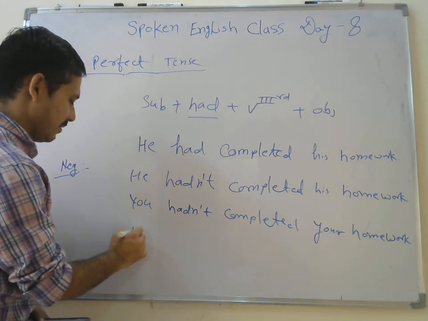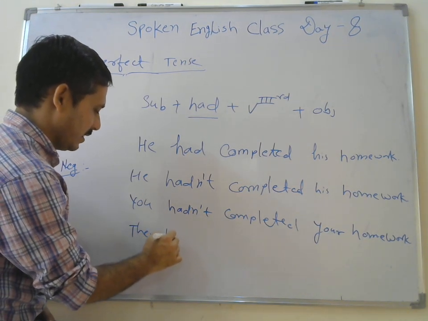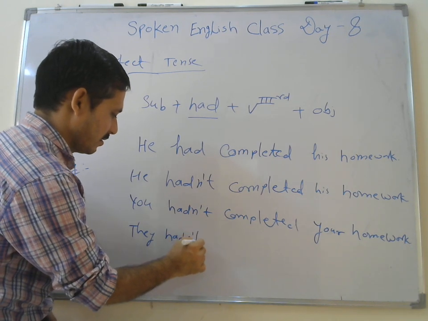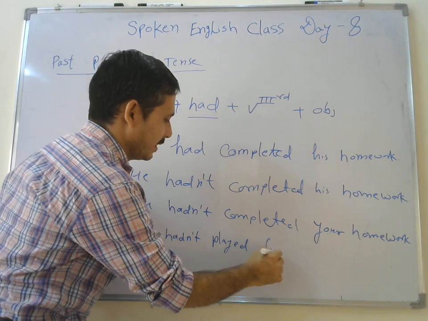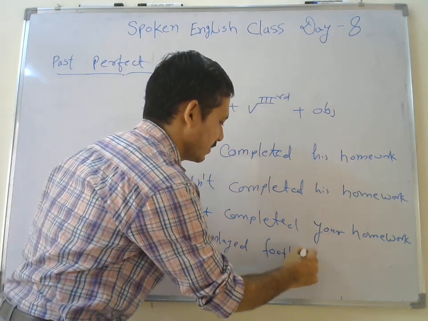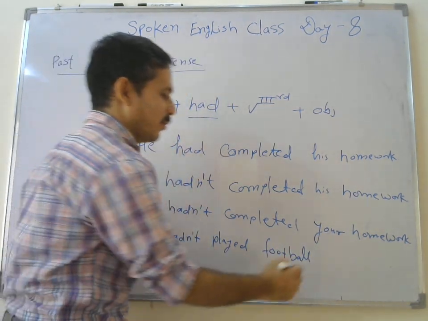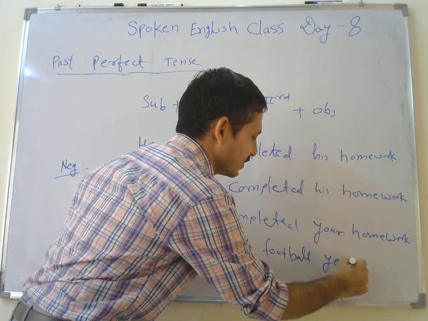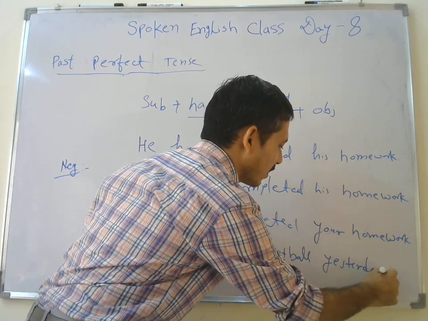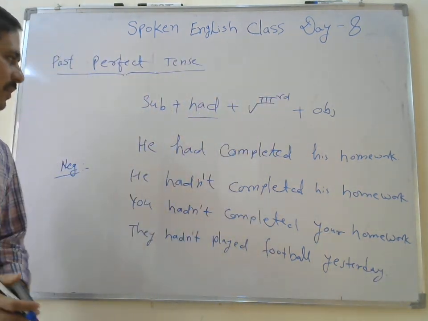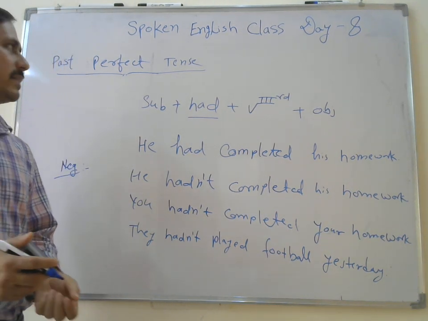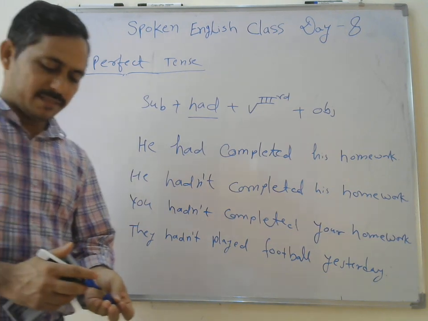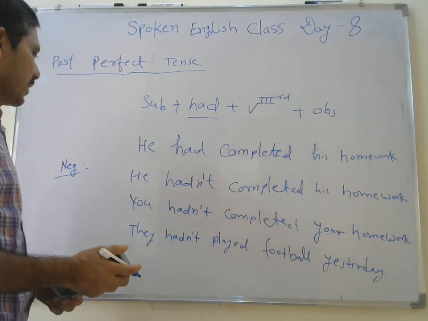They hadn't played football yesterday. Right, friends? So these are a few examples of negative sentences for the past perfect tense.